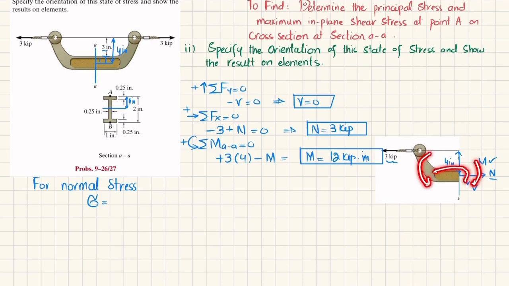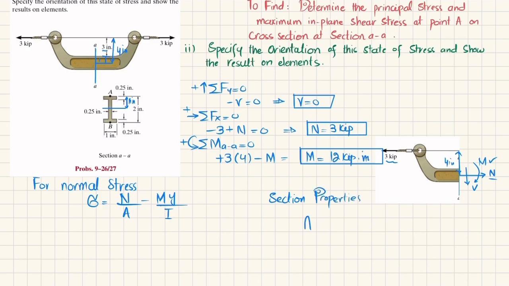This portion upward will be in tension and downward will be in compression. Since we are dealing with point B, this portion will be in compression, so it will be taken as negative. So I will write N by A is the normal stress, minus M into Y divided by I. Clear? Now we will find A and I, which are section properties. So we will first find the section properties.